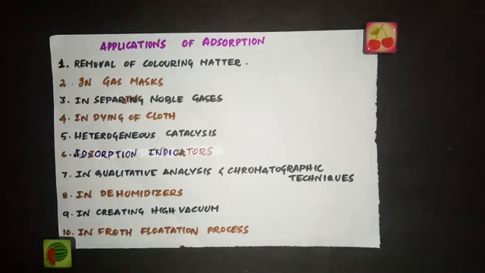Now when you take that helium and neon and maintain the temperature at 93 Kelvin and again keep it in contact with coconut charcoal, neon gets adsorbed, leaving behind helium in the free state. So following this process, you can separate all the noble gases one by one, because the coconut charcoal has the capacity to adsorb different gases at different temperatures.